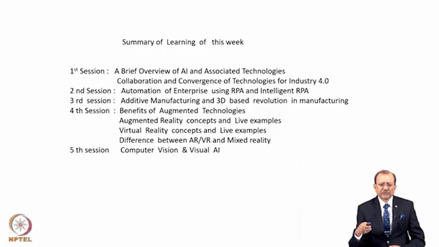Then in the second session, we learned about a very important technology of AI called robotic process automation and intelligence, RPA: how it is helping industry and automating business processes and enterprise processes. Then in the third session, we learned about 3D and additive manufacturing, which has wide use in manufacturing, and how it is helping the manufacturing industry and some other industries as well.